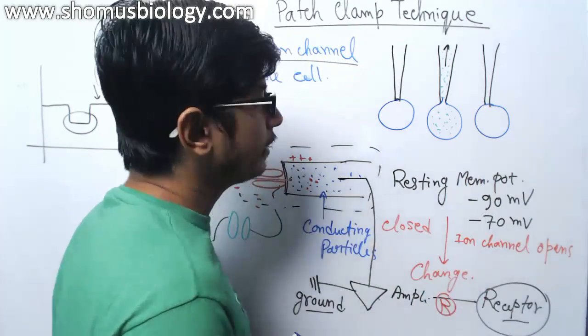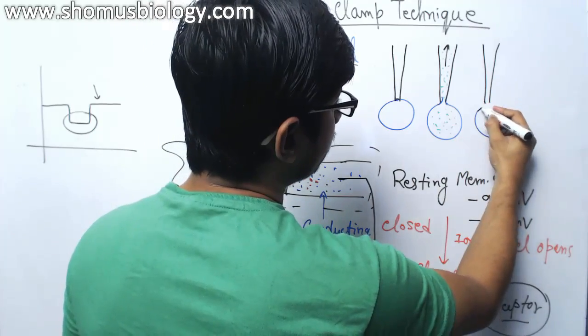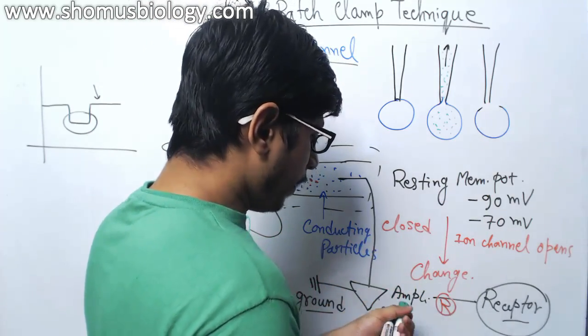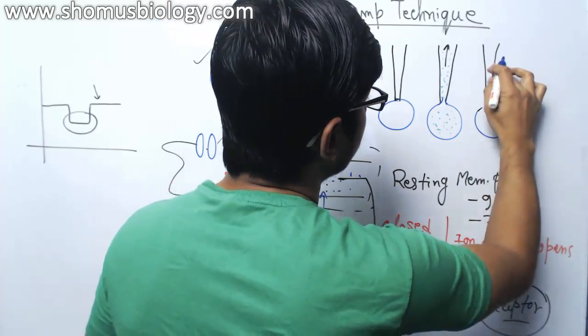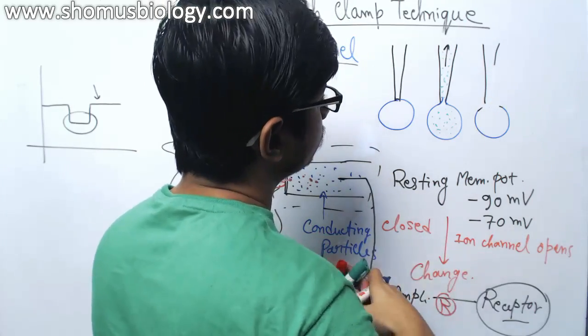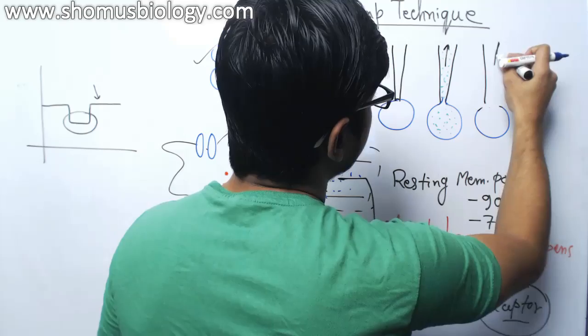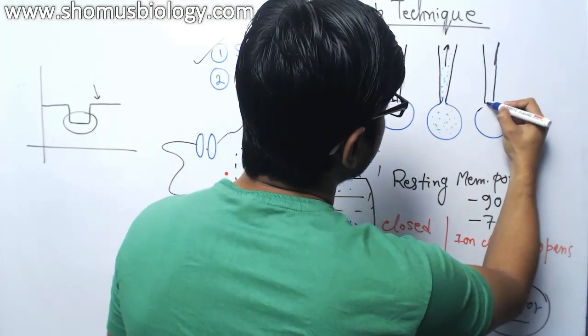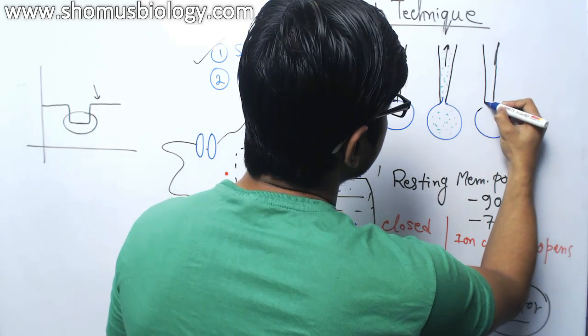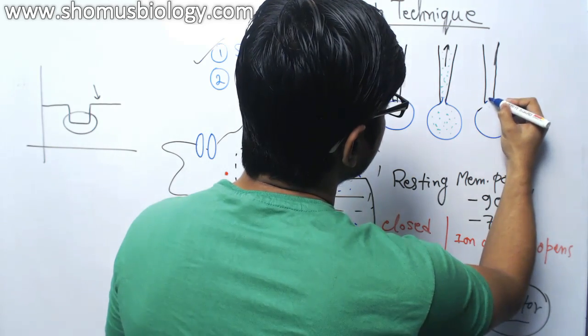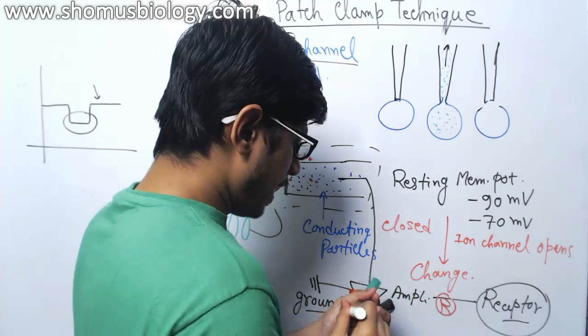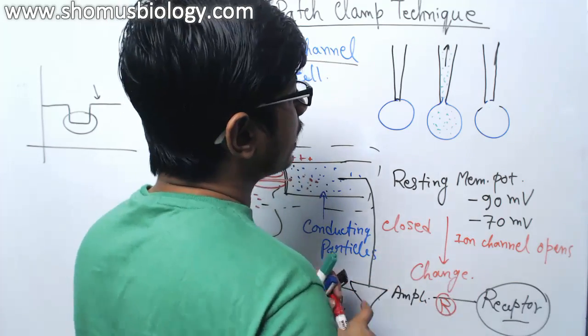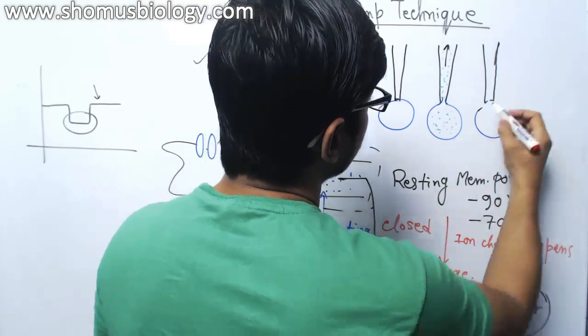So force is applied, the membrane gets ruptured, but the part of this membrane remains attached to the pipette. Let me draw it a little big so that you can see this. Let's say an ion channel is placed in the middle.